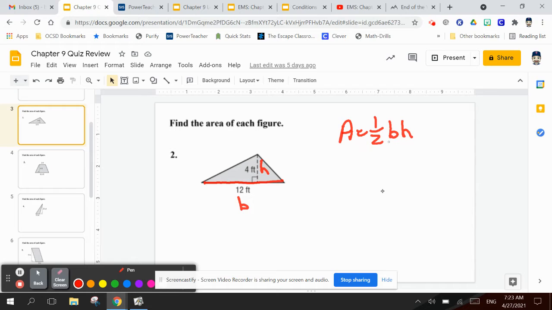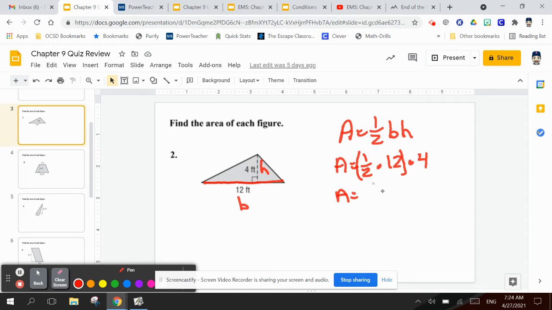So then I take out my variables, I put in my values. So the area equals 1/2 times the base, which is 12, times the height, which is 4. So if I do my order of operations, I'm going to work on these first.